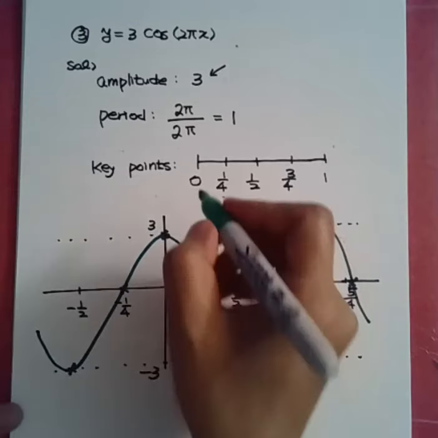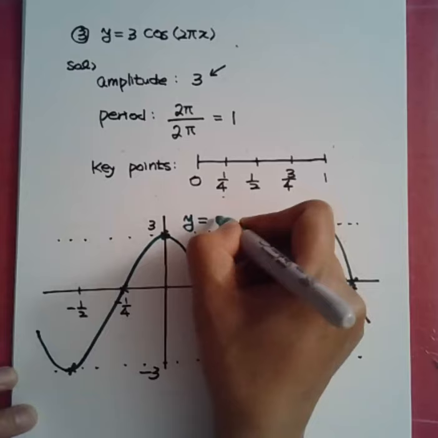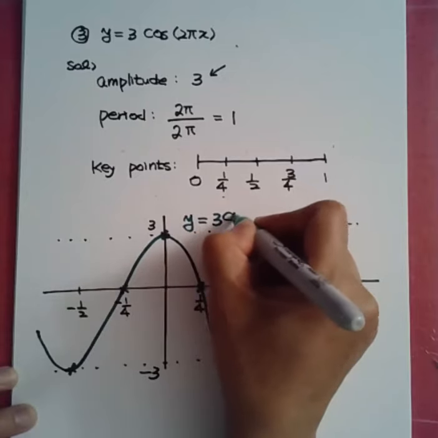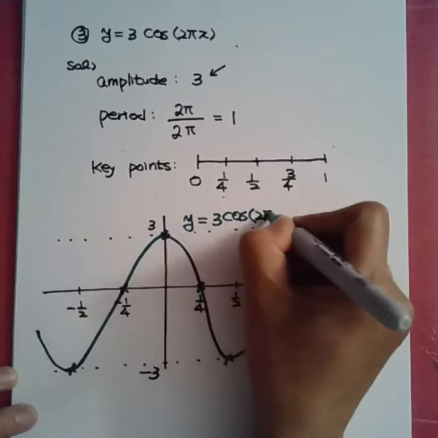This is the final graph: y equals 3 cosine of 2 pi x.